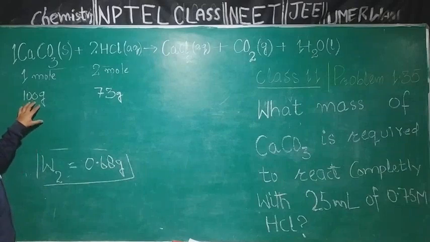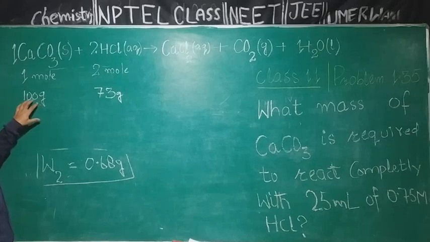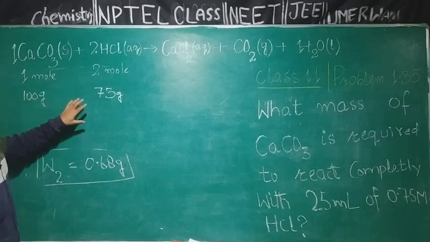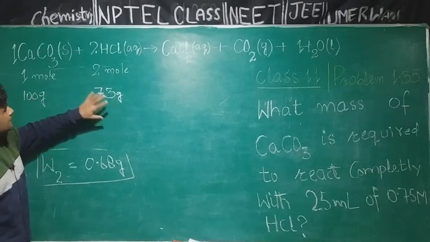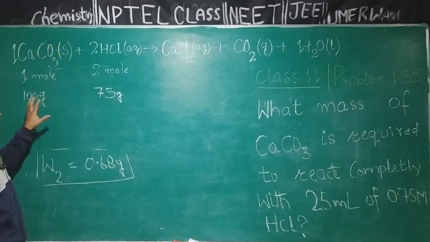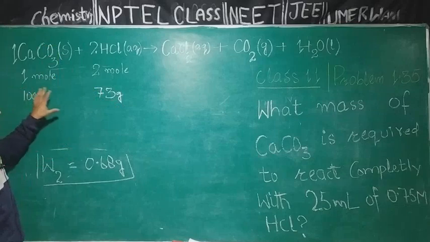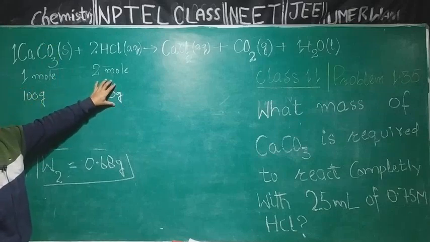This is the relation between the reacted masses of calcium carbonate and HCl, and it stands fixed for this reaction: for 100 grams of calcium carbonate we need 73 grams of HCl.